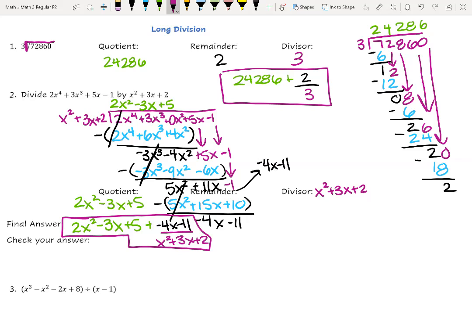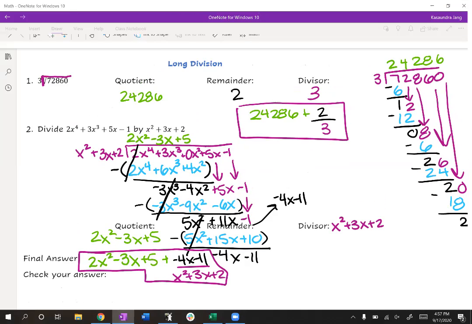All right, and the nice thing is we can check our answer. It's messy, but we can check our answer. So as for the just numbers here, I want to know if instead of dividing, if I multiply this 24,286 times 3, and then I add this 2 on, it should, if I did it right, give me this 72,860. So let's see here.